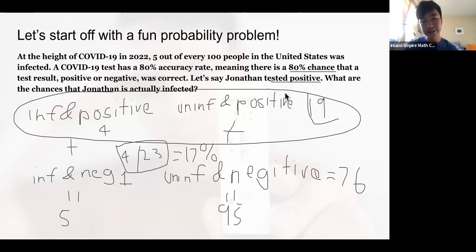Essentially, what we did was we took all of the possibilities that can be attained based on this information, and found the chances of each of these. Even though we mainly think about this versus this, we actually have to think about the actual chances of being infected if you're positive, which is this giant circle here.